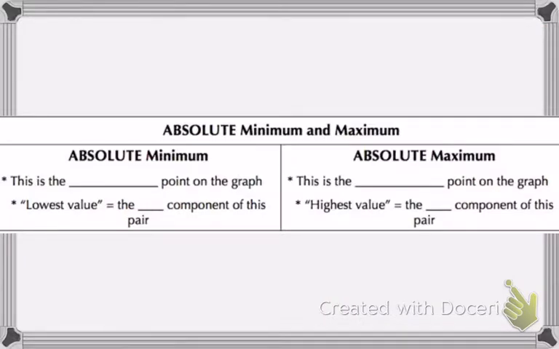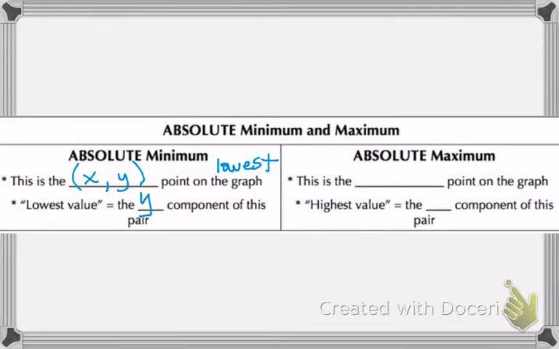Okay, in the home stretch here. So absolute minimum and absolute maximum. The absolute minimum is the xy point on the graph that is the lowest on the graph. So the lowest value, if you're asked for the lowest value, is the y component of this pair.